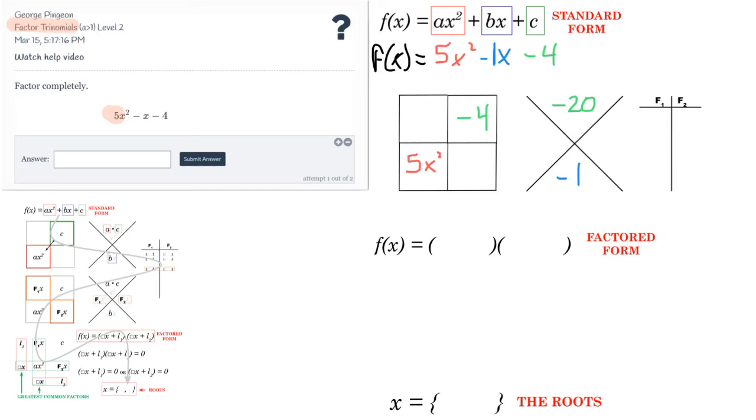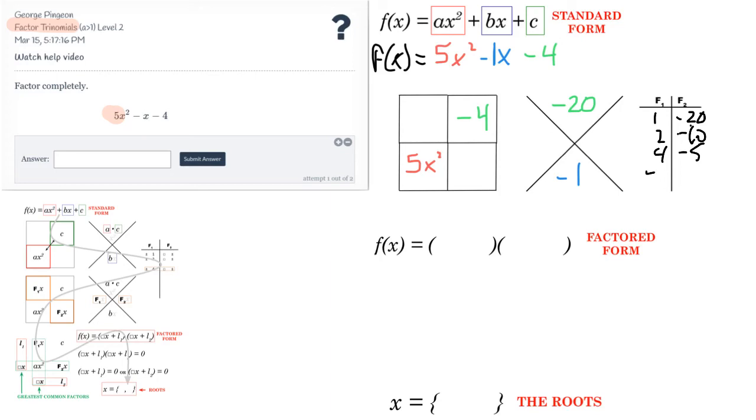So what are two numbers that multiply to the value on top and add up to the value on the bottom? Let's make our list. We have 1 and negative 20, 2 and negative 10, 4 and negative 5. Yeah, that's it. But then you also have the inverse.